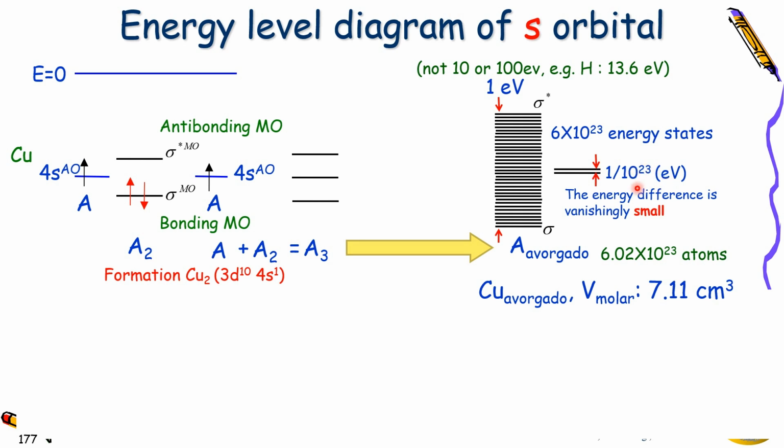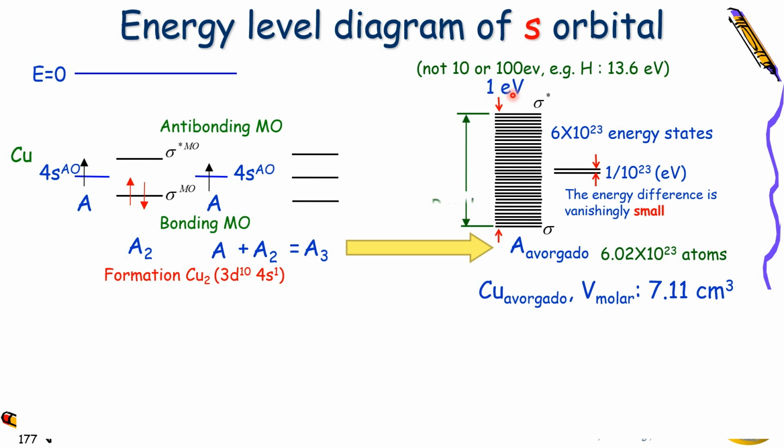So if you have red light, you give the red light energy to this copper, and an electron will jump from here to here very easily, even from here to here, because this is only 1 electron volt.